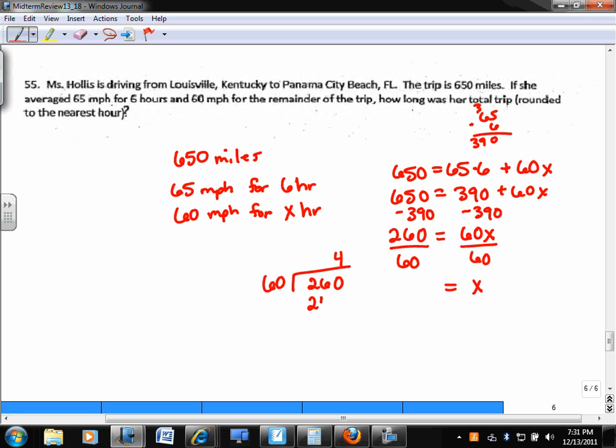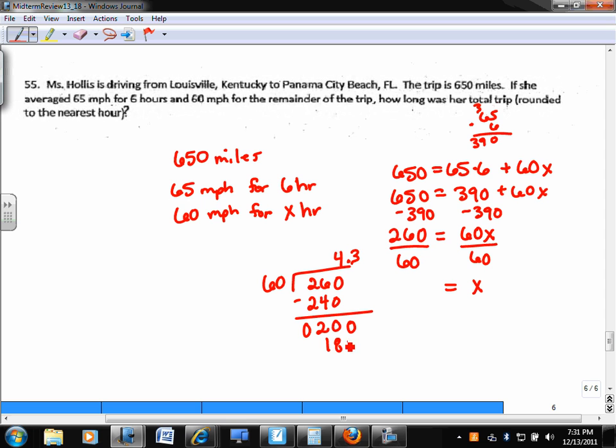So that would be how many times 60 would go into 260. And that would be 240. So we bring down our 2. Okay. And then we're going to bring down a 0. 60 goes into 200 how many times? It's going to go in there 3 times.